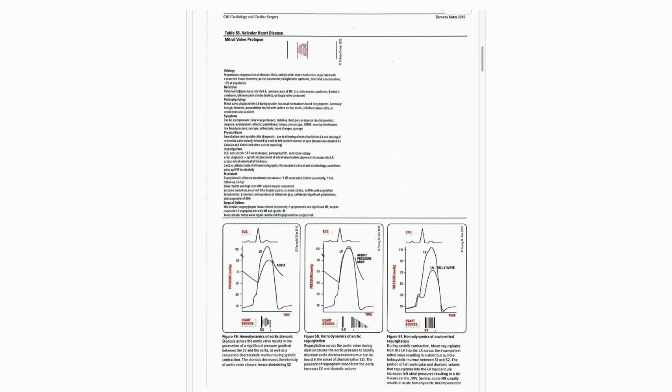Another mechanism is prolapse of one or both mitral valve leaflets into the left atrium during systole. This is an uncommon cause of mitral regurgitation and includes conditions such as click murmur syndrome, Barlow syndrome, and floppy mitral valve syndrome.